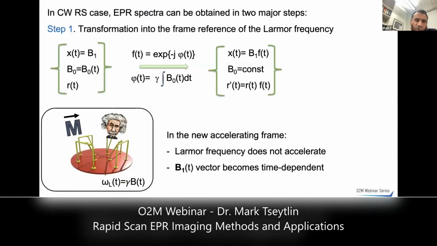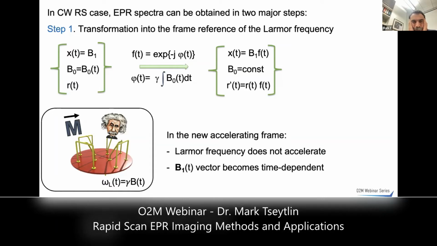But what kind of transformation is it? In fact, it's also very simple. Essentially, it comes down to a change of reference frame. In magnetic resonance, we know about changing reference frames, especially the rotating frame for single frequency excitation.